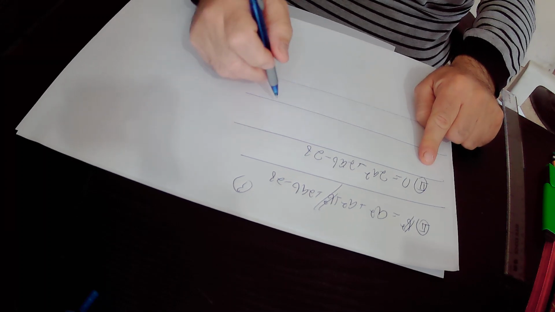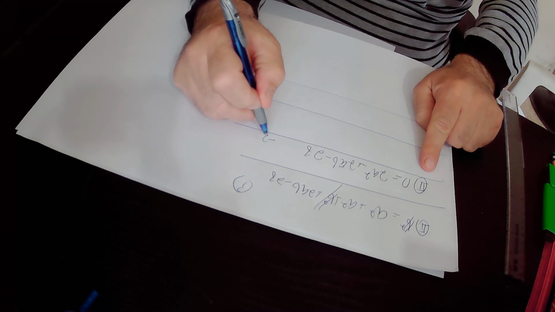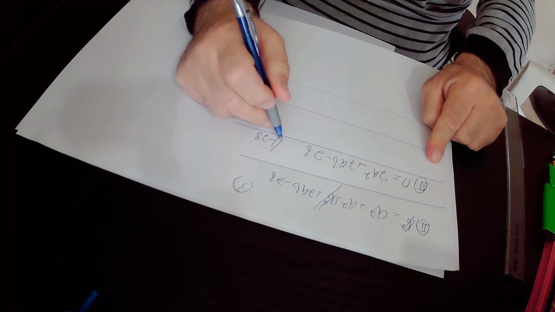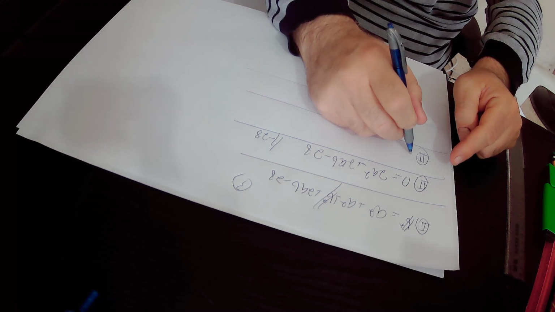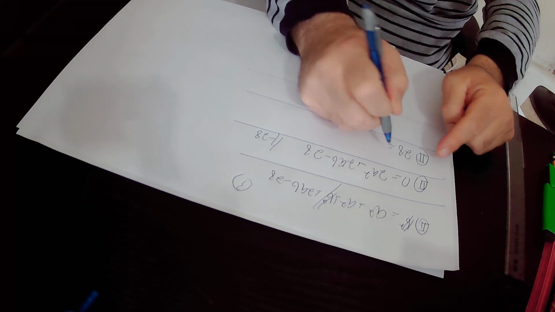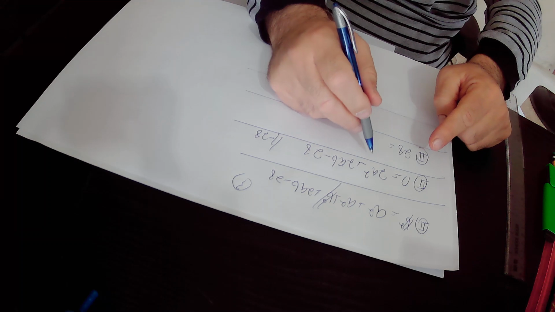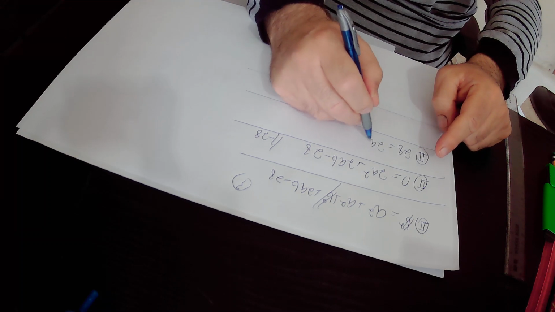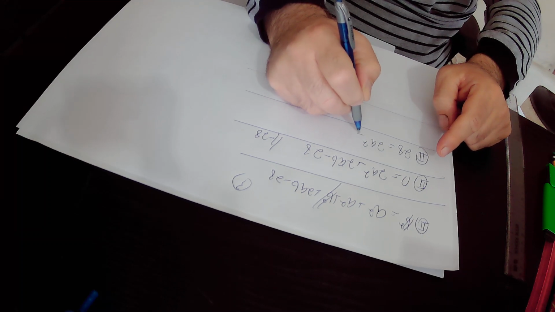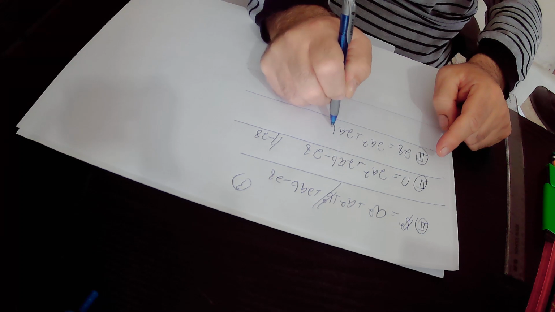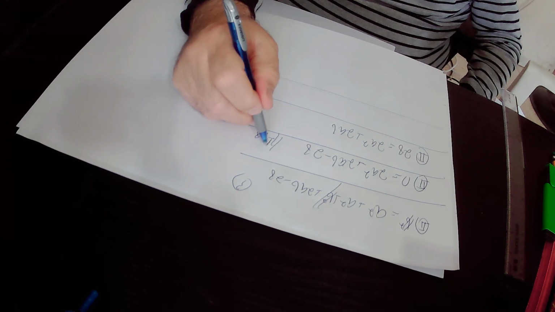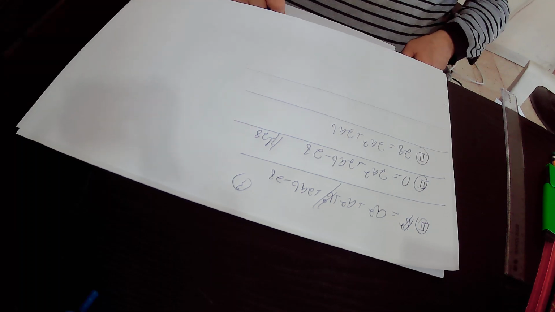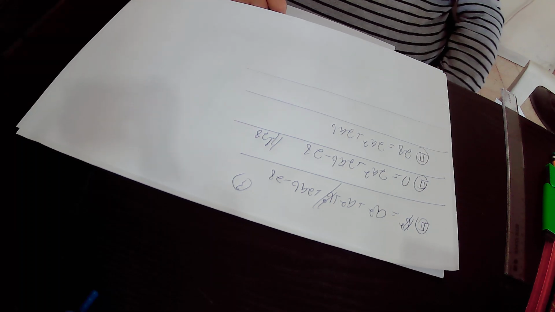Here we add 28, and we get 0 plus 28 is 28, which equals 2a squared plus 2ab. So according to equation 2, 28 equals 2a squared plus 2ab.